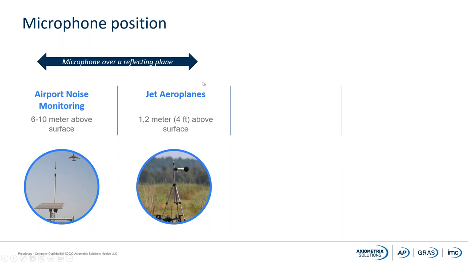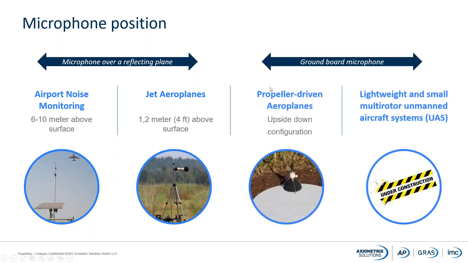When it comes to jet airplanes or commercial jet planes, the standard for certification talks about 1.2 meters or 4 feet above the surface. And when it comes to propeller-driven airplanes, then we talk about an upside-down configuration of the microphone, and then the lightweight and small UAS standard.